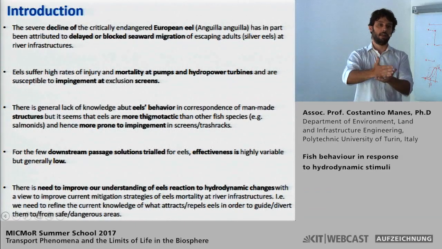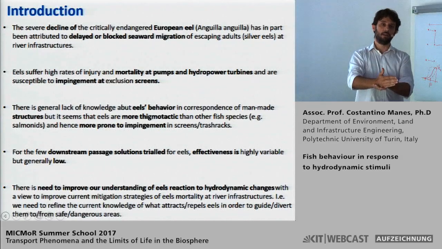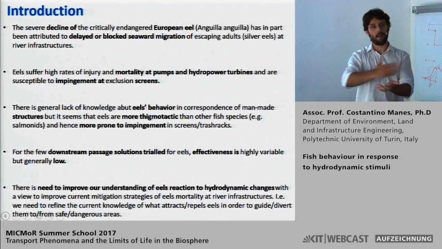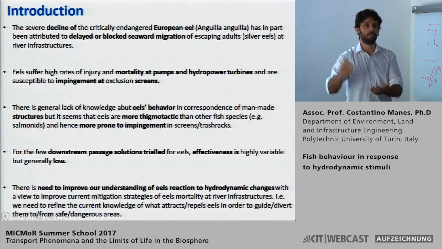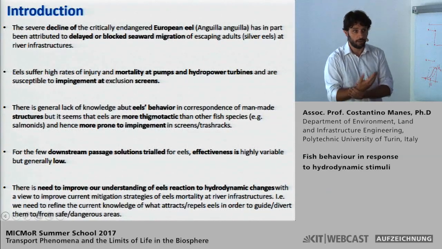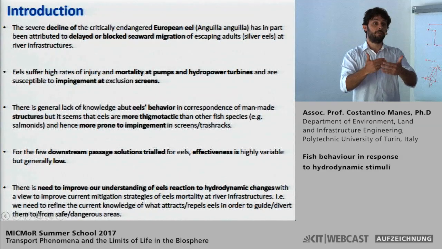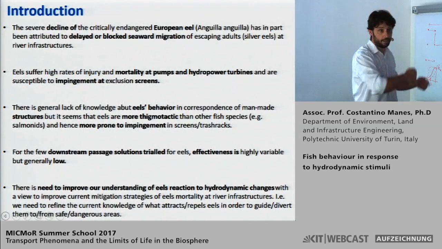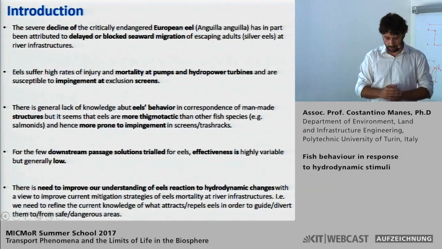Whenever you have a water intake, the asset owner has to put some sort of screens or trash racks to prevent the passage of debris and fish itself. And they get impinged. If the velocity is high, they don't have the strength to swim back, and so they get stuck in these screens.